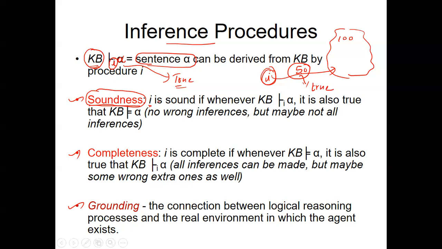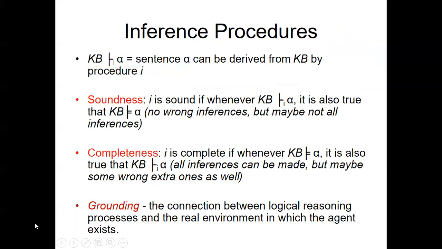The inference algorithm I is sound if whenever there is an inference algorithm I which derives the sentence alpha from the knowledge base KB, it is also true that KB entails alpha. KB entails alpha, as you know, means wherever KB is true, alpha is true.